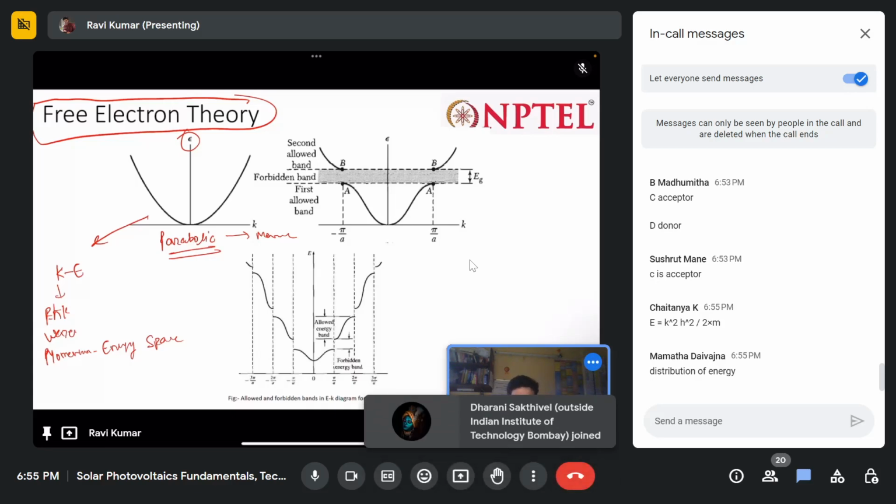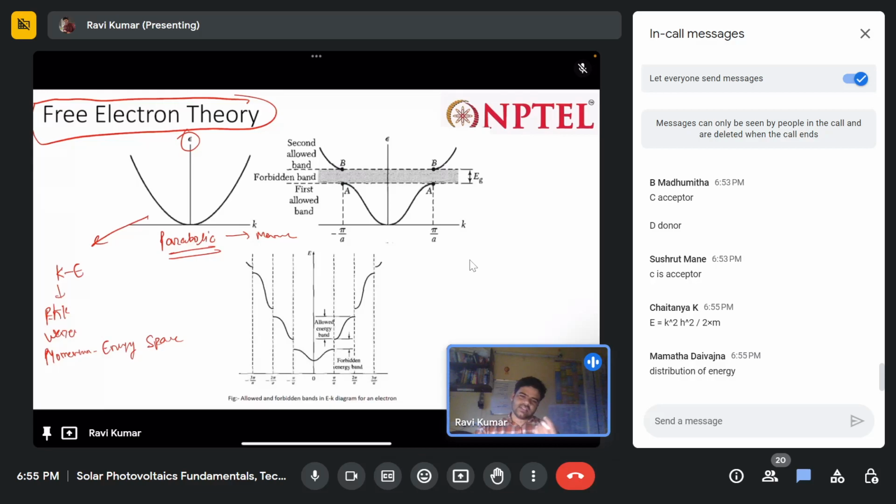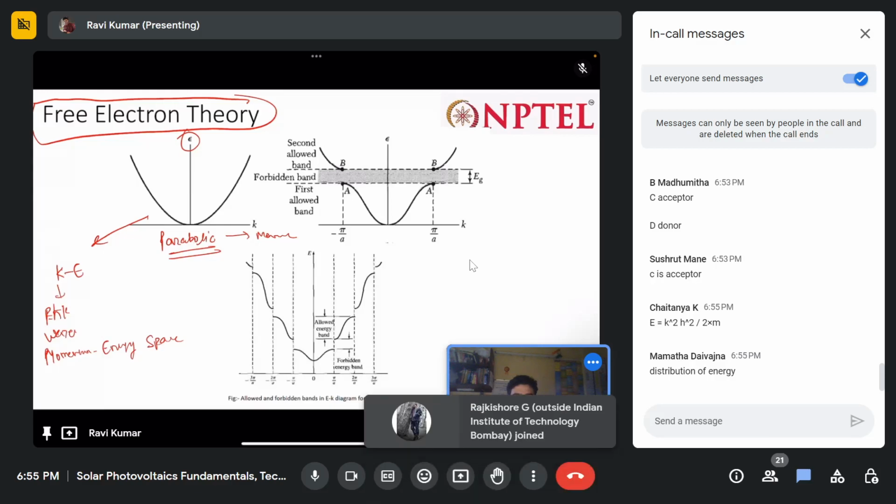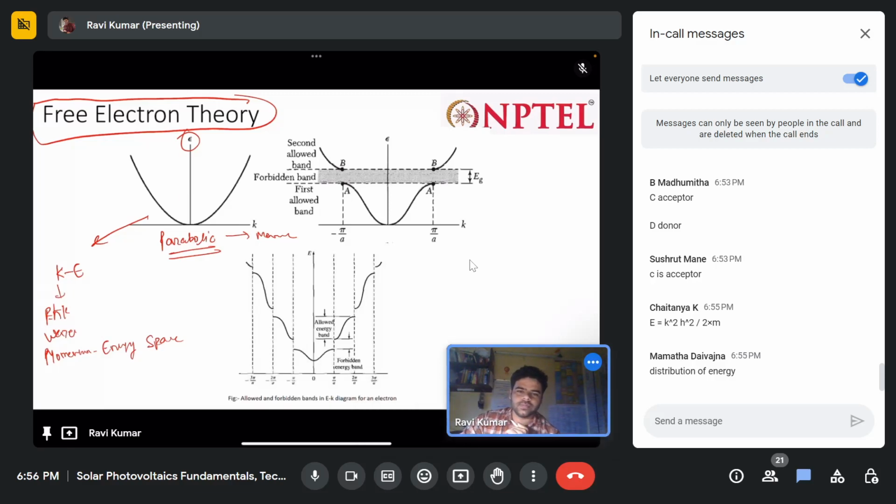Yes, distribution of energy. Chaitanya, you are right. In the simplest terms, the movement of an electron is related to its velocity.